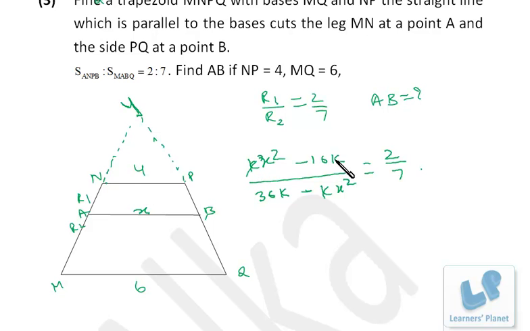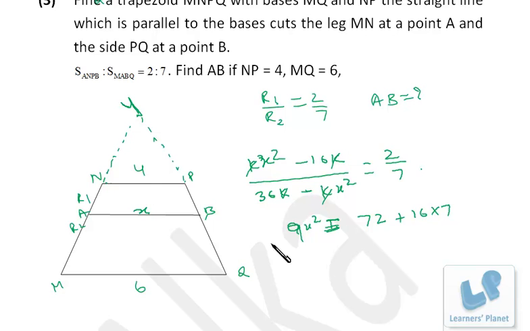So I can take k as common and eliminate that. So if I solve, I'll be getting 7x square minus 2x square, so 9x square is equal to 36 into 2, 72, plus 16 into 7, right?